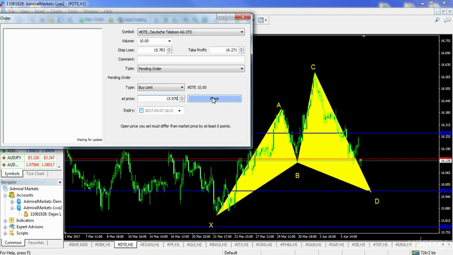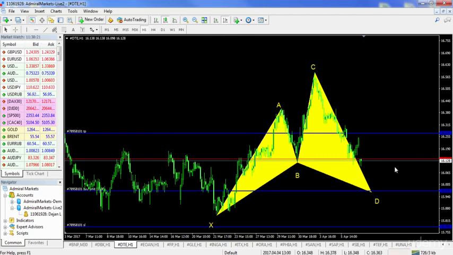Then click on the place box. OK, that's it. The position is set. We can now only wait and hope that the price will fall, open our position and continue in the desired direction. Talk to you later and we'll see what happens with this trade.